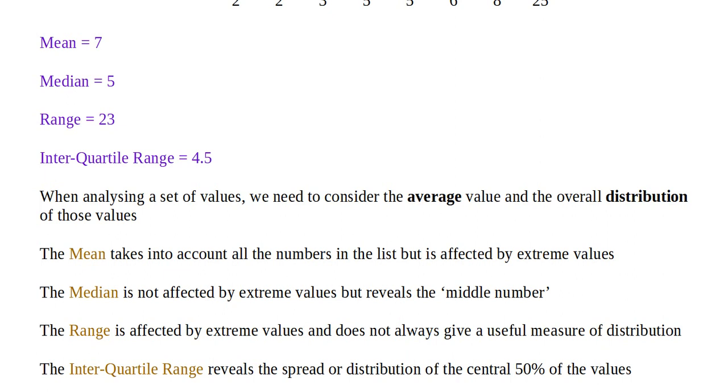The median, on the other hand, ignores that really, really high value. If that really high value had been 8 instead of 25, the median would still be the same value. So the median does give us the middle number, and that can be really useful, but it doesn't actually take into consideration all of the values in our list. So there's pros and cons to both of them.